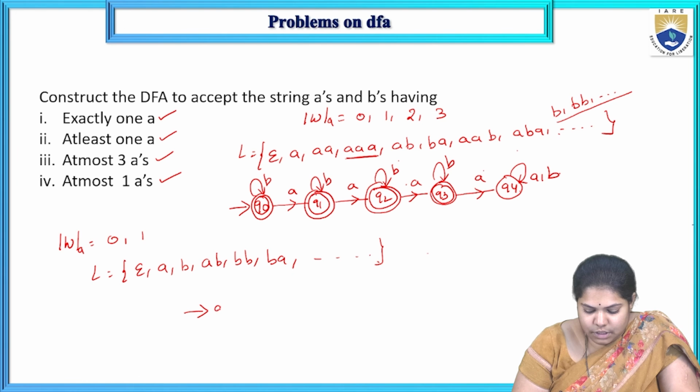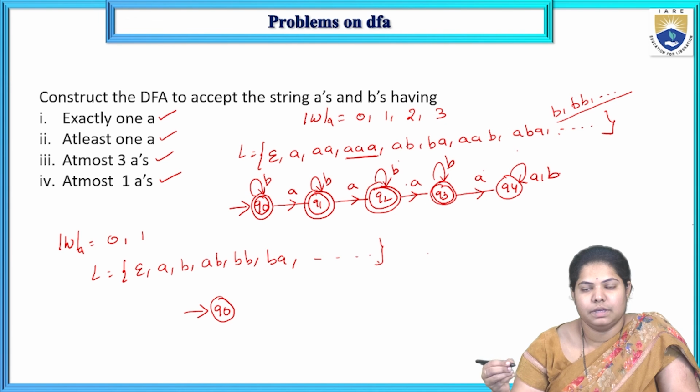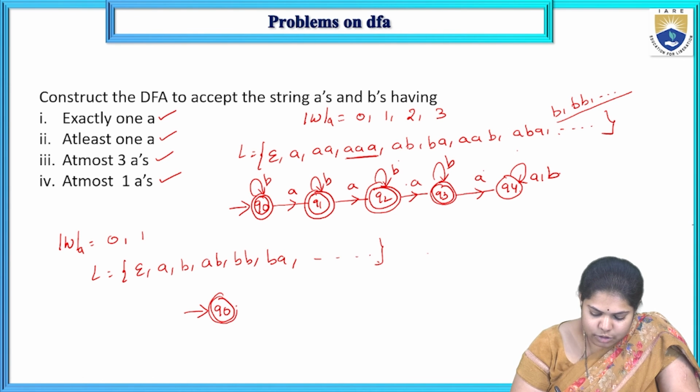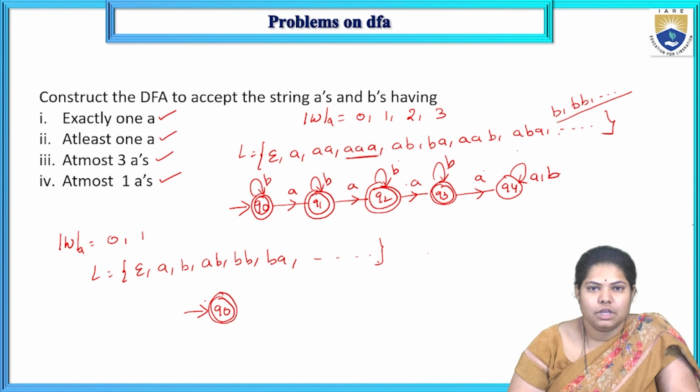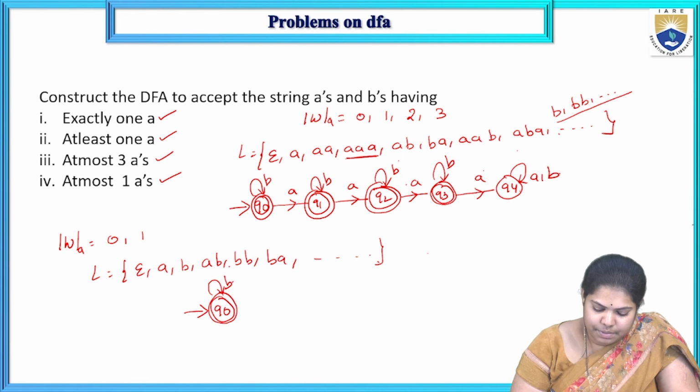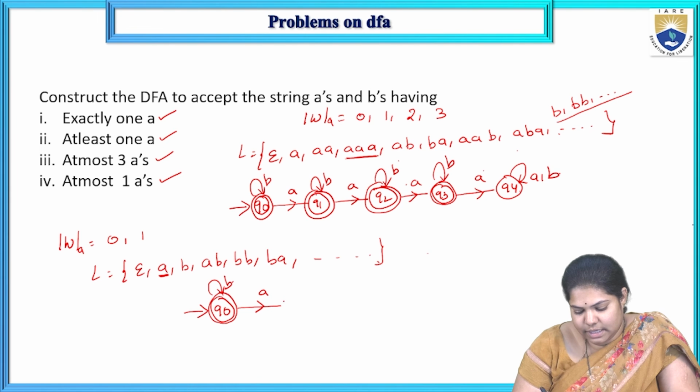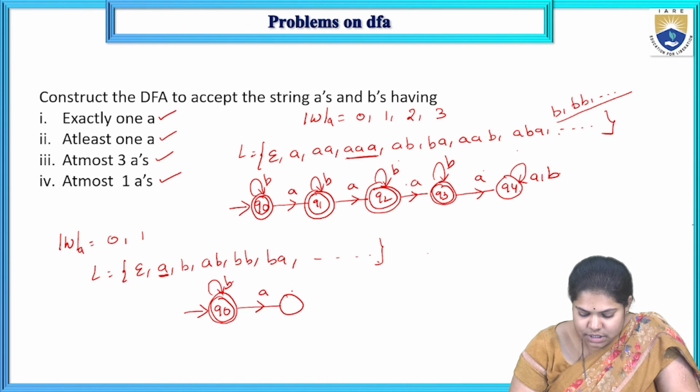So I start with Q0 here. Here I can execute any number of B's, B, B, B, 3 B's or anything. And it should also accept the epsilon. So I keep the initial state as a final state and write the B. And here I need to execute a single A, right? Single A, and I reach the final state Q1.